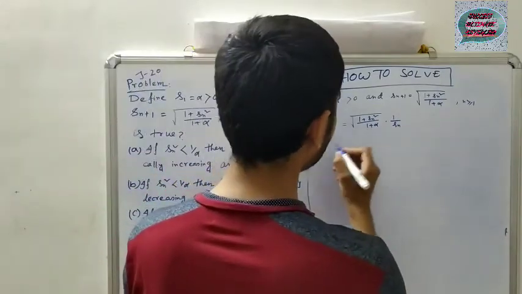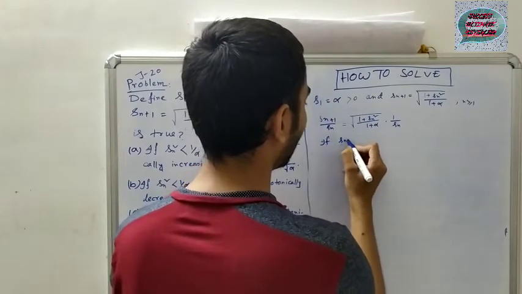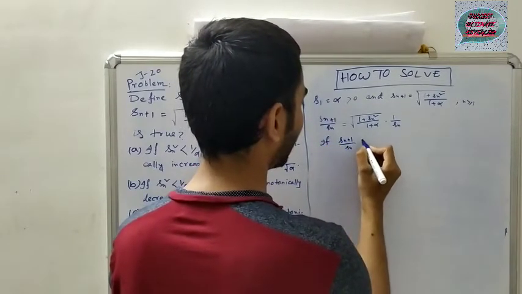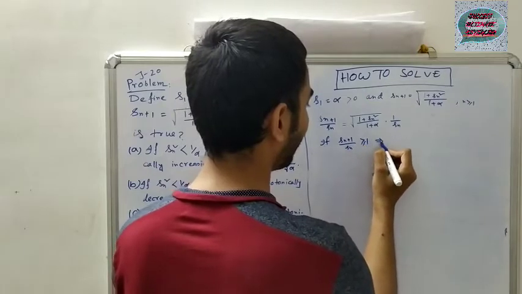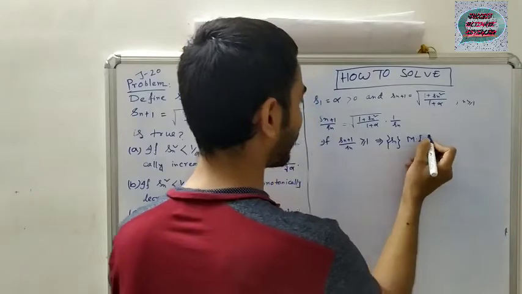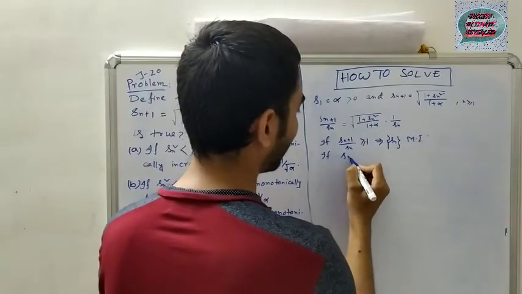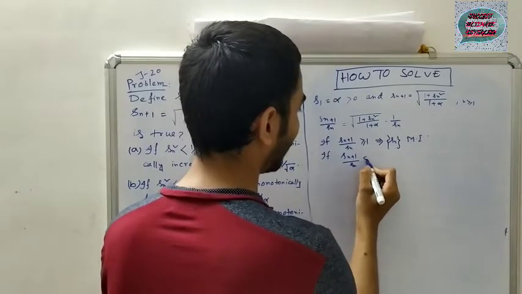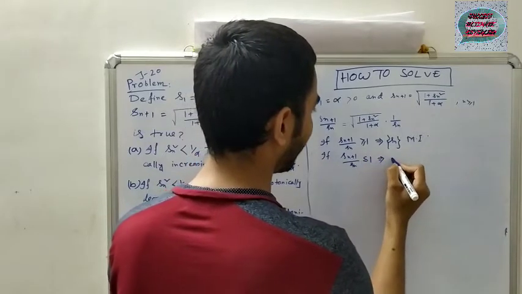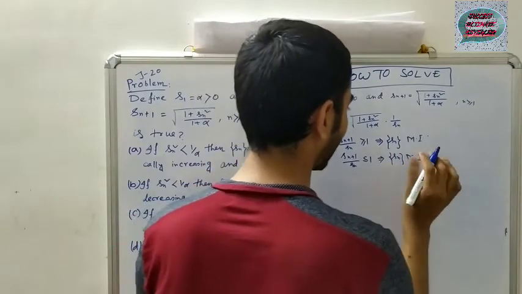If Sn+1/Sn is greater than or equal to 1, that implies Sn is monotone increasing, and if Sn+1/Sn is less than or equal to 1, that implies Sn is a monotone decreasing sequence.